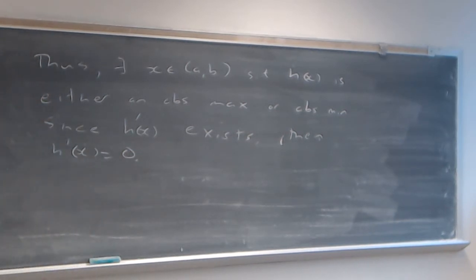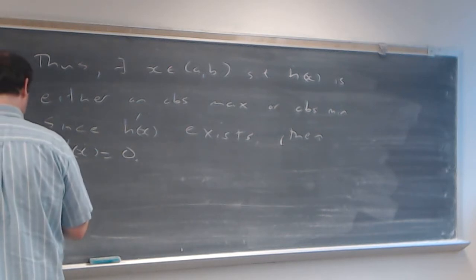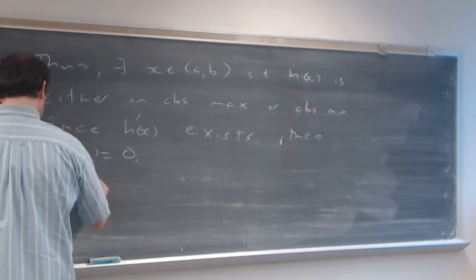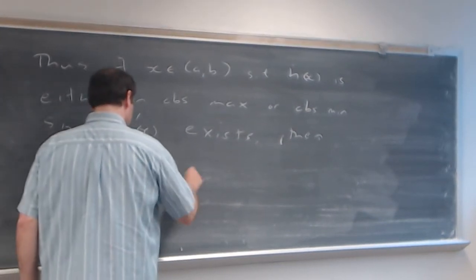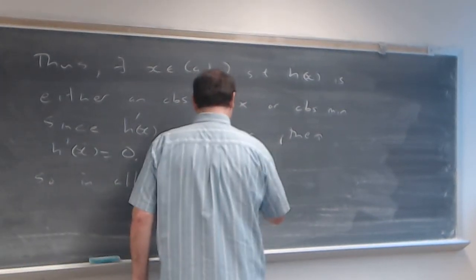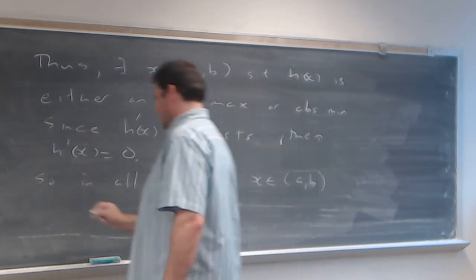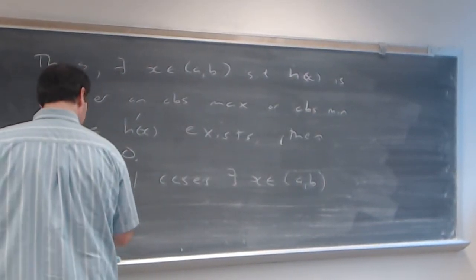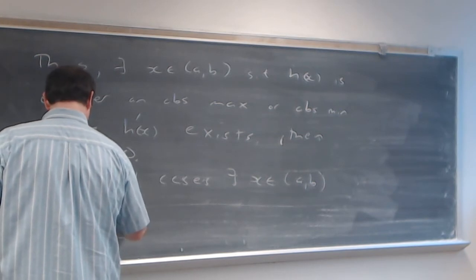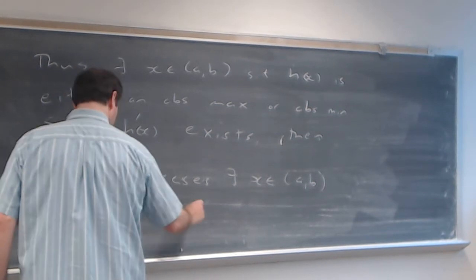And that's what we needed to show, that h prime of x equals 0 for some x in the open interval from A to B. So in all cases, there exists an x element of the open interval from A to B such that h prime of x equals 0.